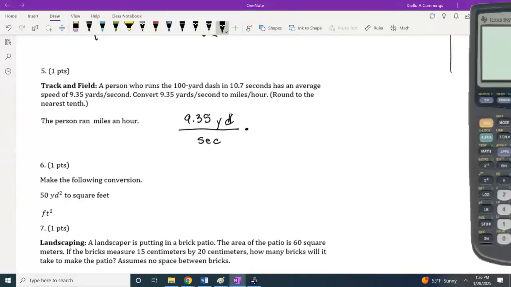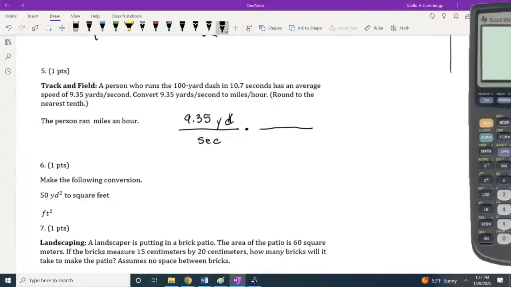That's how I'm going to write that out. So we have to do two conversions. We have to convert yards to miles, and then convert seconds to hours. Does everybody see where we're going? Because my final answer has to be in miles per hour.